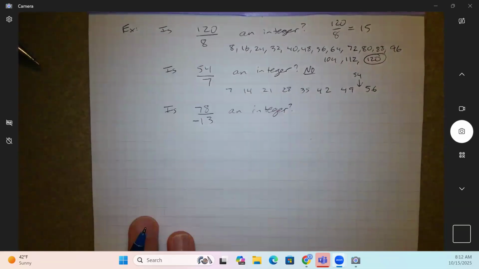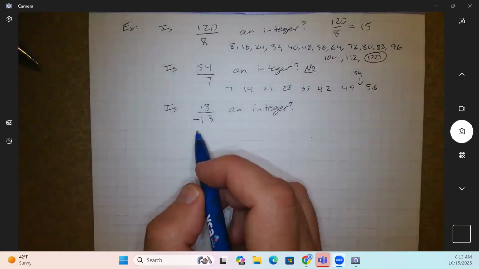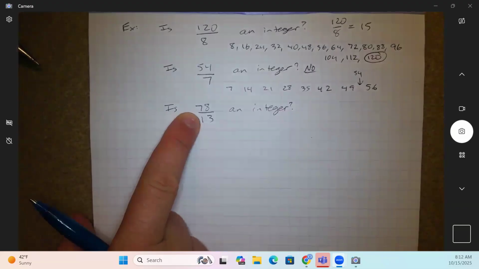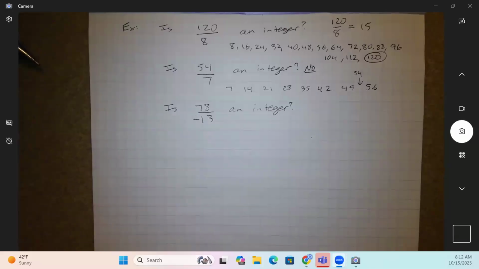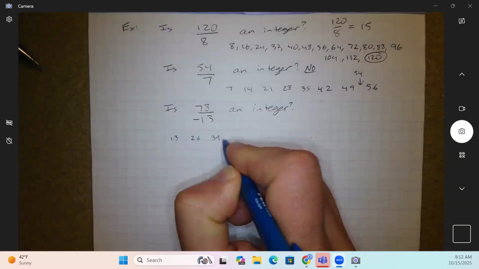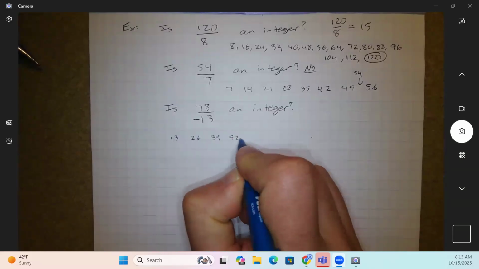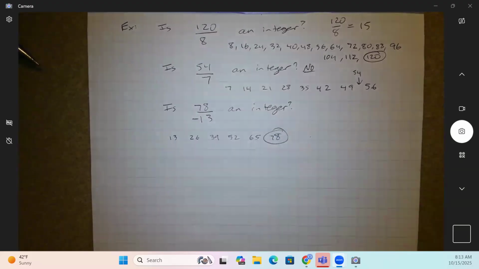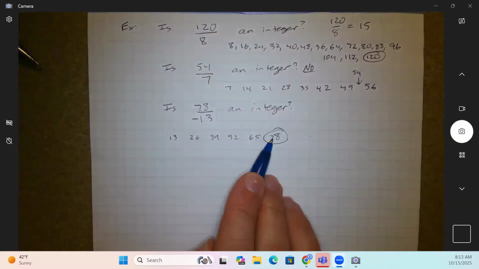And this integer question with division is a little strange. If you want to know if it's an integer, you could say, I don't care about the minus sign, as long as the size of the bottom divides into the size of the top. So I could do 13, 26, 39, 52, 65, 78. 1, 2, 3, 4, 5, 6.